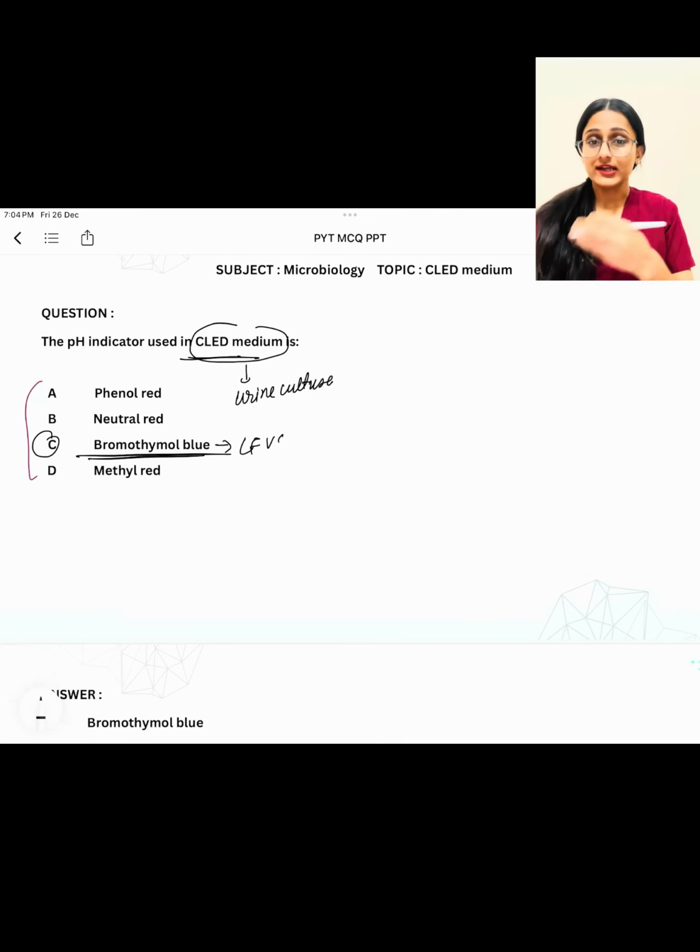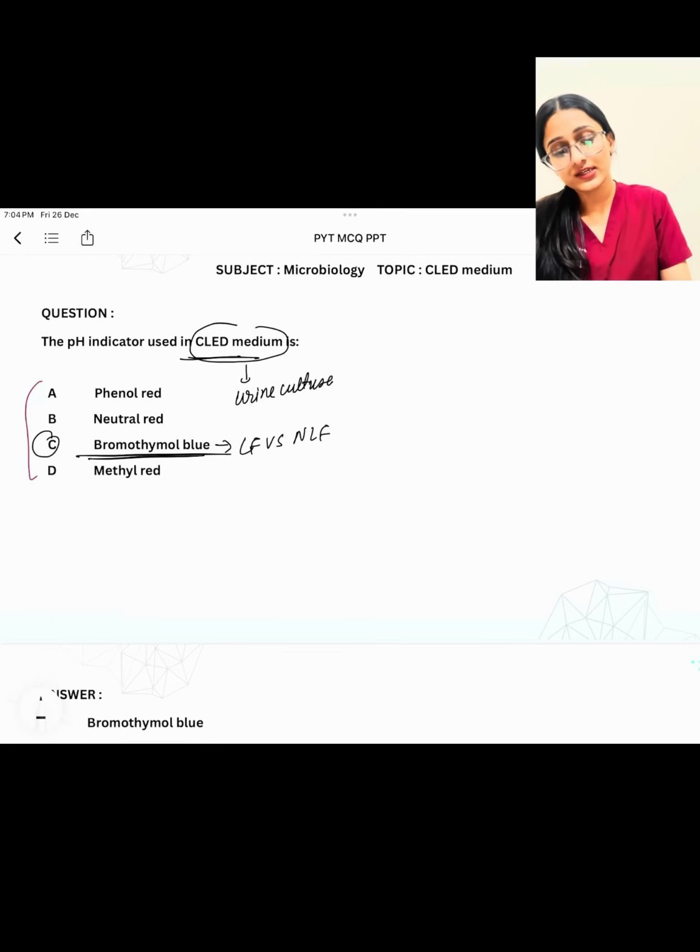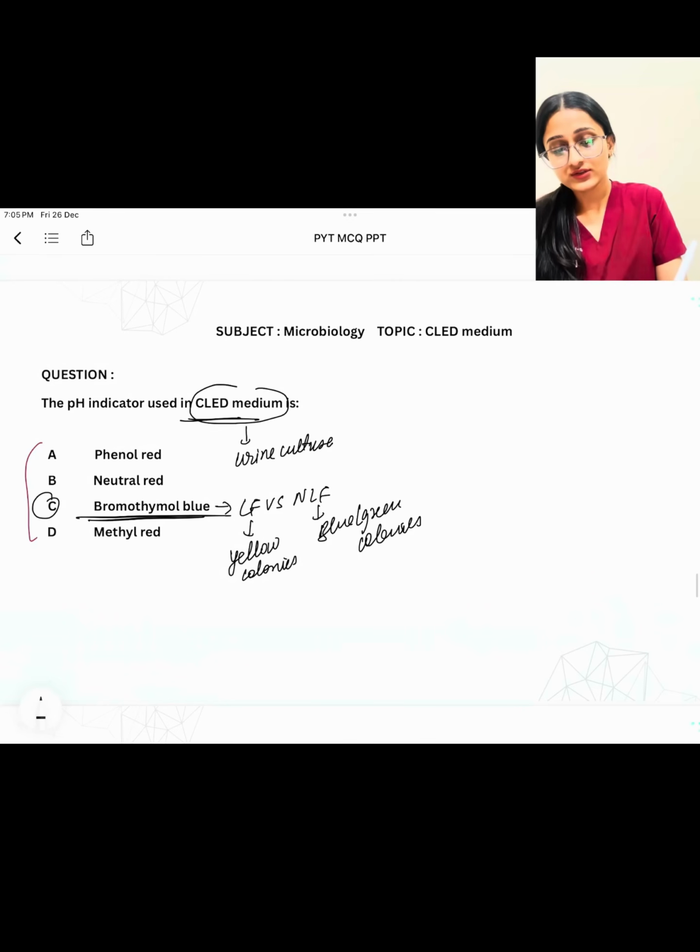Lactose fermenters produce yellow colonies, and non-lactose fermenters produce blue-green colonies. And among the rest, phenol red is used for mannitol salt agar, and neutral red is for MacConkey agar.